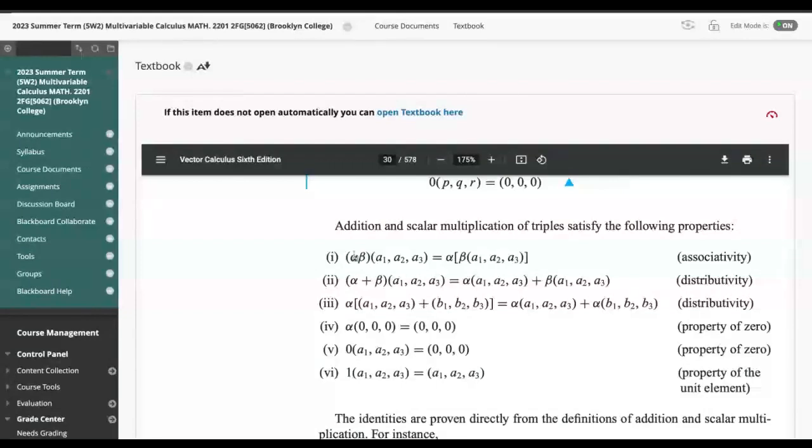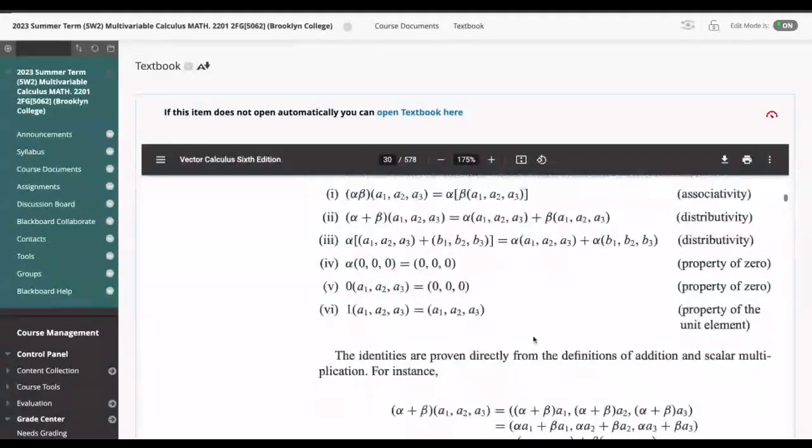Order doesn't matter if we have 2 scalars. If we have a sum of 2 scalars, we can split it: scalar with alpha, then plus scalar with beta. If we have a scalar applied to the addition of 2 vectors, we can apply it to each, then add them. Distributive, right?